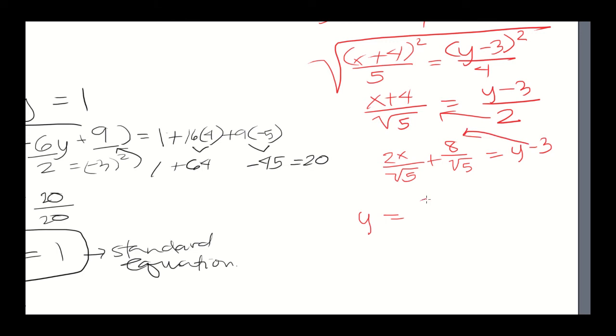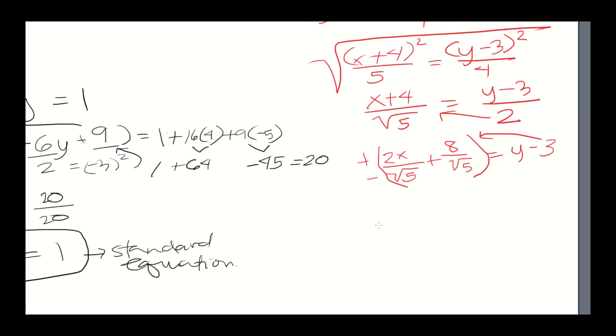2x over square root of 5, and before that, minus 3. So here we will add the plus minus sign. Then we transpose it there.